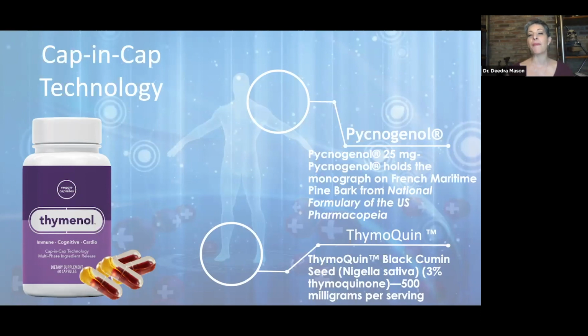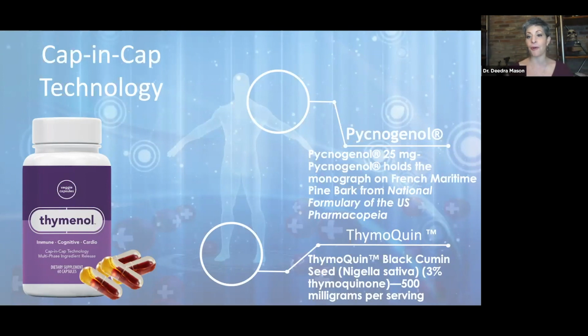You might know thymoquin by a different common name called black seed oil. For centuries, black seed oil has been used to support gastrointestinal health, metabolic health, and well-being. Pycnogenol supports blood flow to the brain, while black seed oil has a calming effect on the central nervous system.